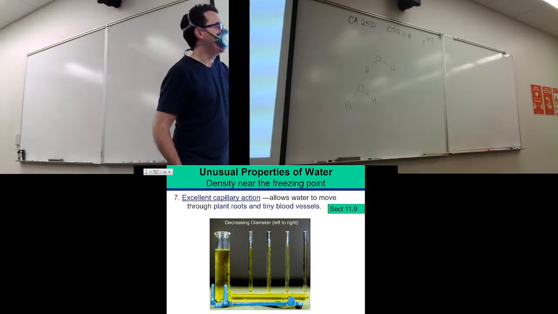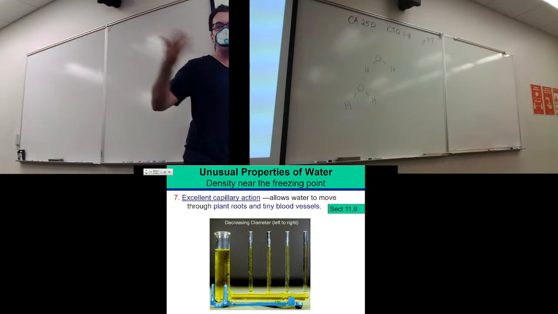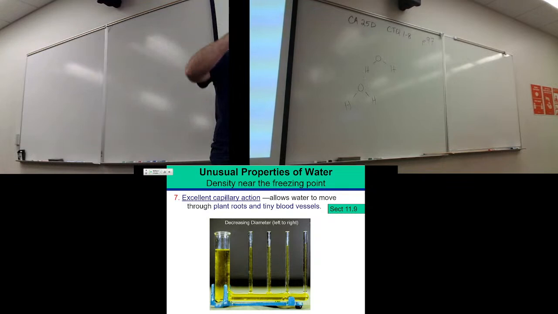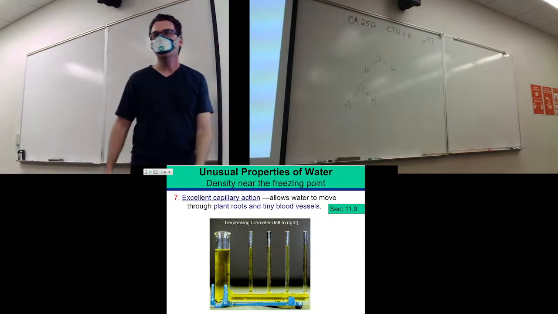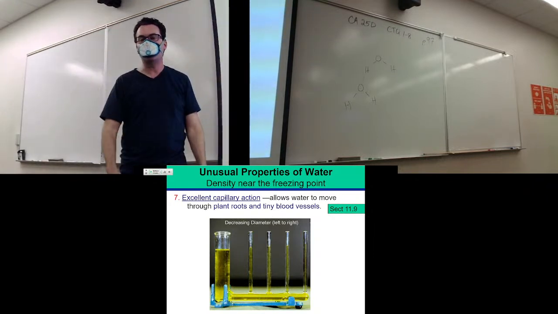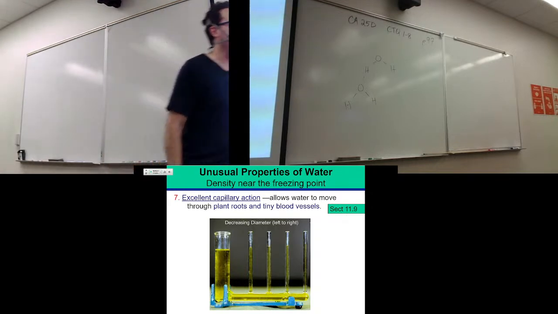These tubes are getting narrower and narrower as you go to the right. But water likes glass. It's attracted to glass surfaces. So as the tube gets more narrow, and really all there is is glass surface for water to interact with, the water rises higher and higher in these glass tubes. That's demonstrating capillary action, this idea that water really likes glass and wants to stick to it. And so it's slowly going up.